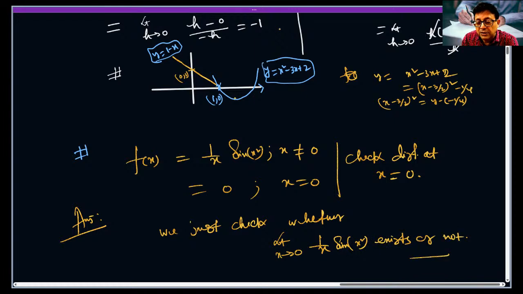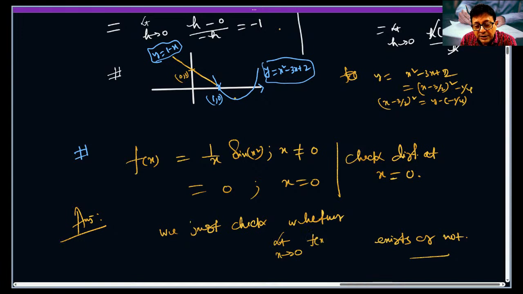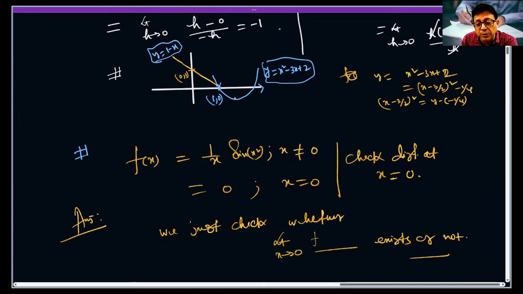Sorry, extremely sorry. On this function we just check f(x) minus f(0) by x, or since the point is 0, just modify the definition. In place of a you take 0 and h: f(h) minus f(0) by h. Why am I taking this way?